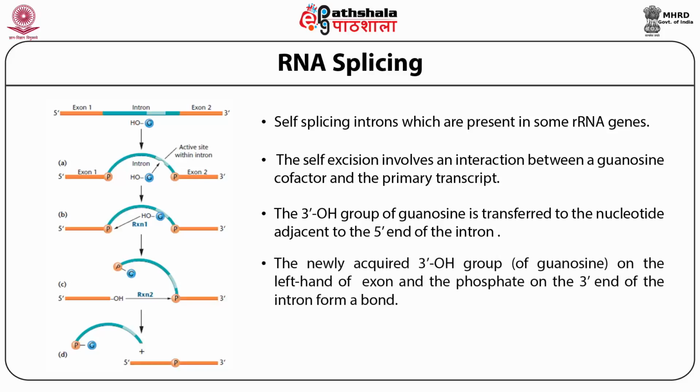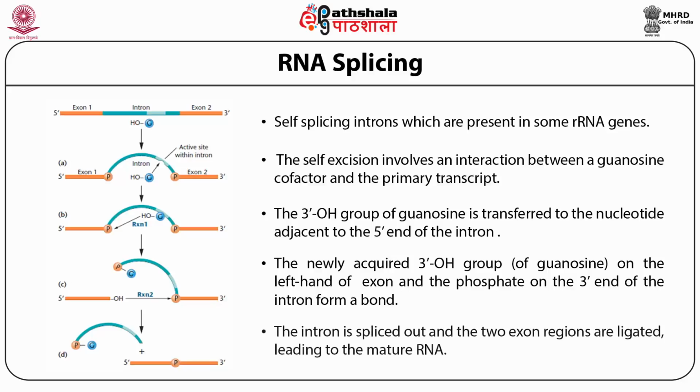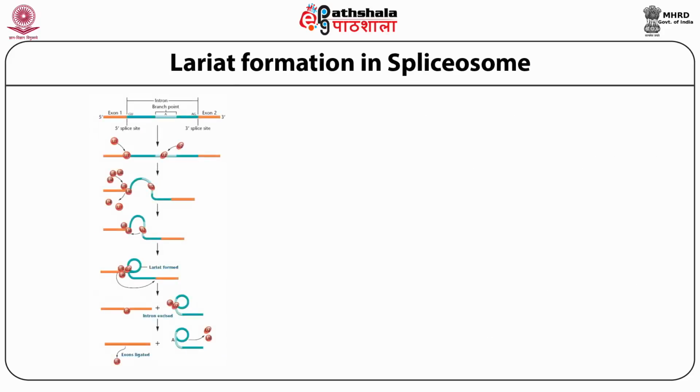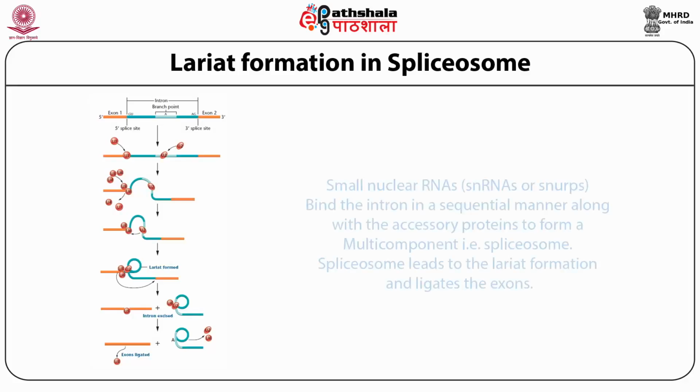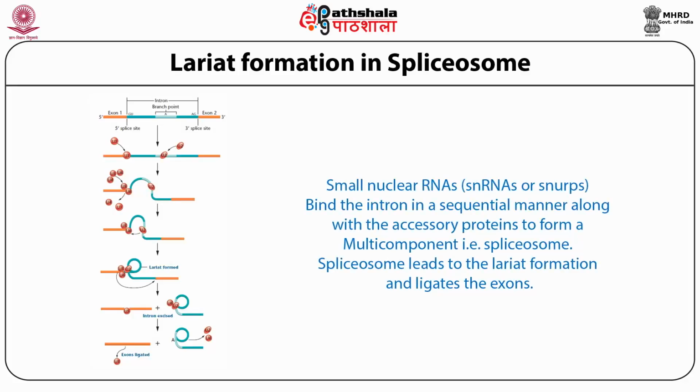The newly acquired 3'OH group of guanosine on the left hand of the exon and the phosphate on the 3' end of the intron form a bond. The intron is spliced out and the two exon regions are ligated, leading to the mature RNA. Lariat formation in spliceosome: small nuclear RNAs, or snRNAs, or snRNPs.